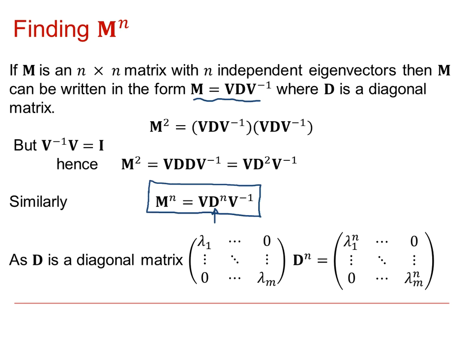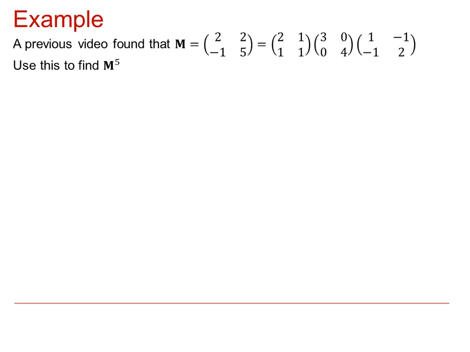Let's look at that then for a particular one that we've already found. We diagonalized the matrix 2, 2, negative 1, 5 in a previous video and found that it was equal to this. So this is the matrix V, this is the diagonal matrix, and this is V inverse. So if we want to find M to the power 5, then M to the power 5 will be equal to V D to the power 5 V inverse.